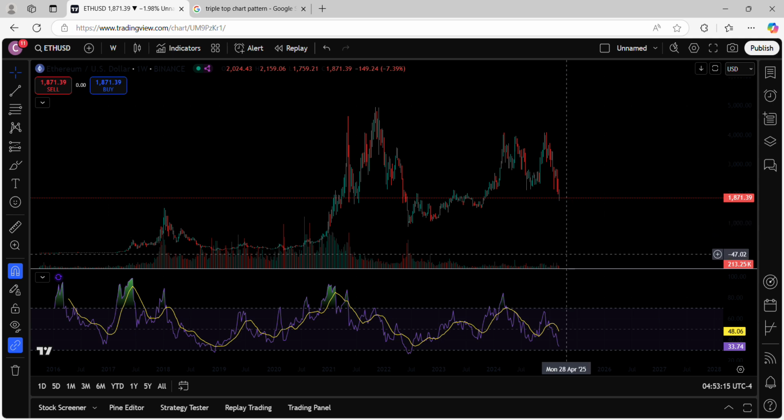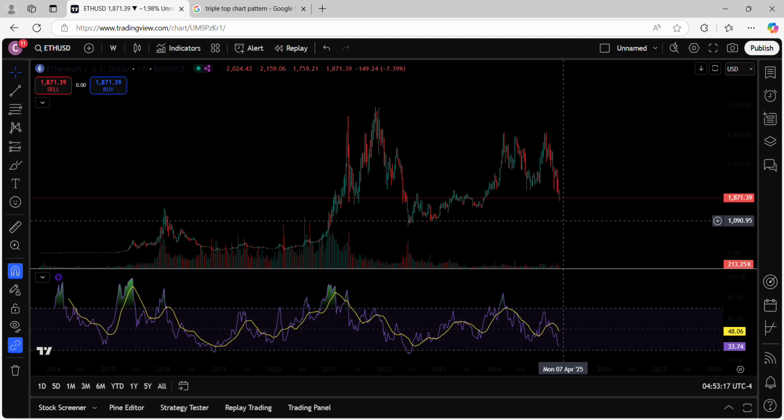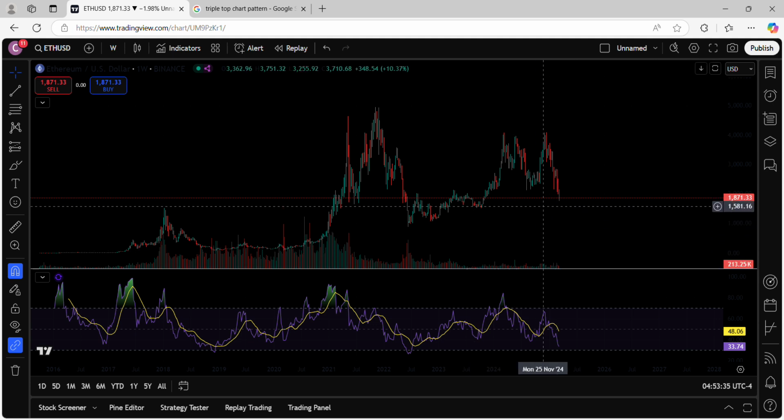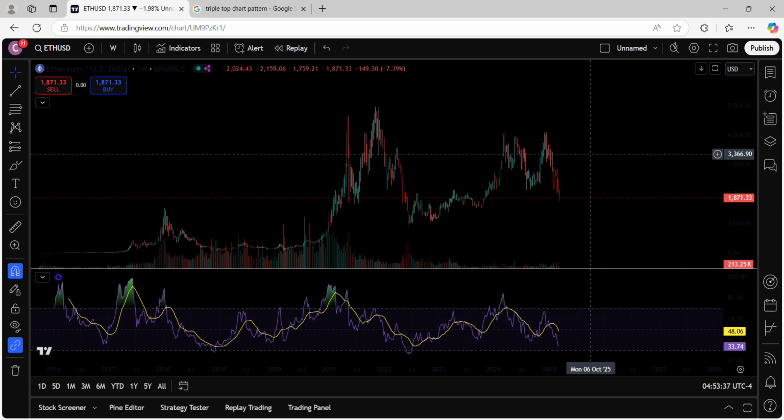Now you may get a bounce, because if it falls too much, there will be a bounce. But that bounce will be short-lived. Not to say you wouldn't be able to make any money off of it in the short term, but you really won't know for certain that Ethereum is ready to rocket back north until we get that change in policy.